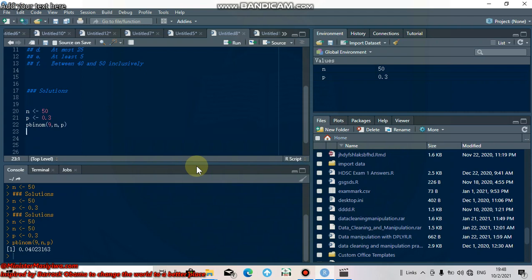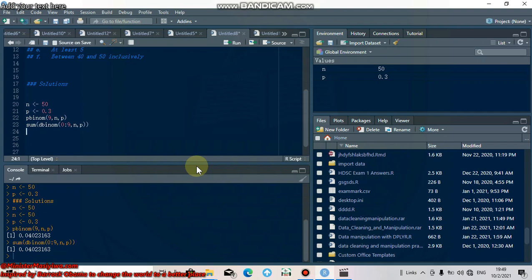But in this case, see how we're going to use dbinom. We're going to say sum. We are summing using dbinom from 0 to 9. Then we define our n and p. The probability must be the same. You see, the probabilities are the same.